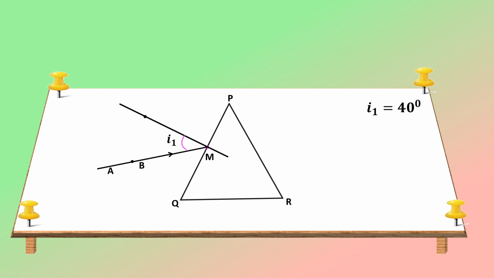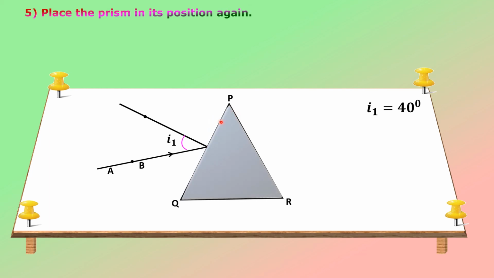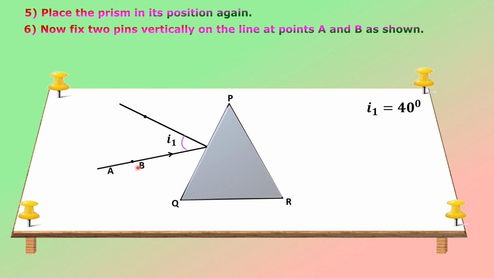Next, place the prism back in its position. Here I am going to place the prism again in its position. Next, I will fix the two pins at points A and B. Now fix two pins vertically on the line at points A and B on the incident ray.